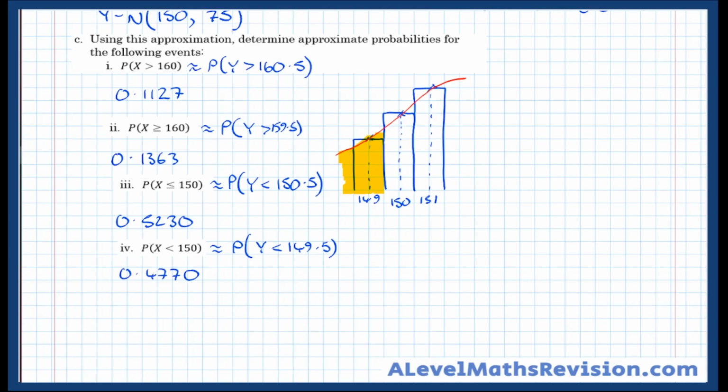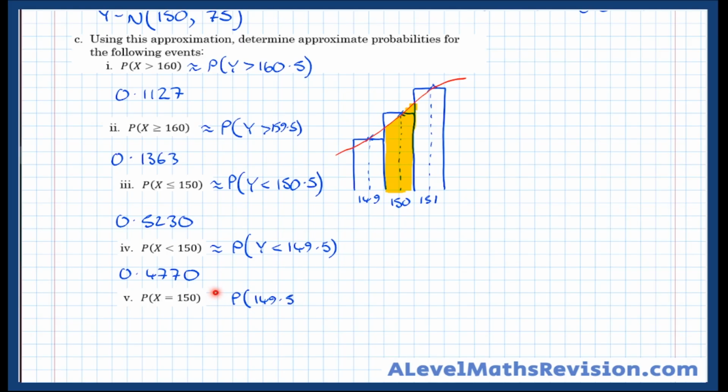Another example. And this one, the probability that x equals 150. So we want all of the 150 bar, but that's all we want. We want approximately under the curve this area here that approximates the 150 bar. So the lower bound of that is 149.5.